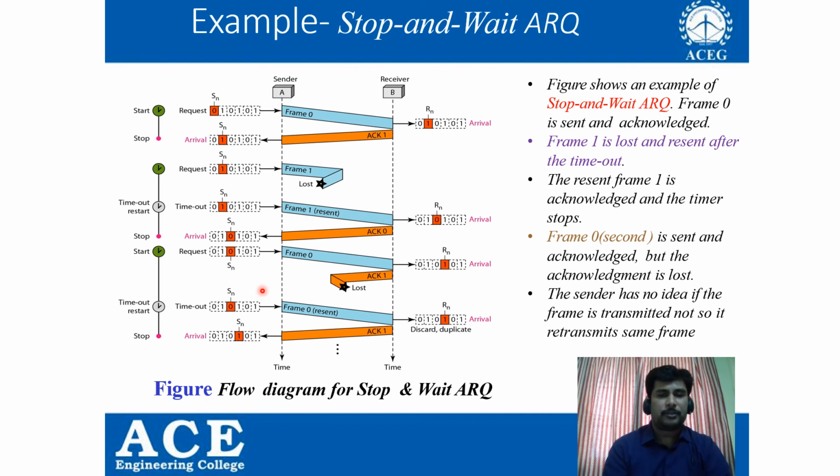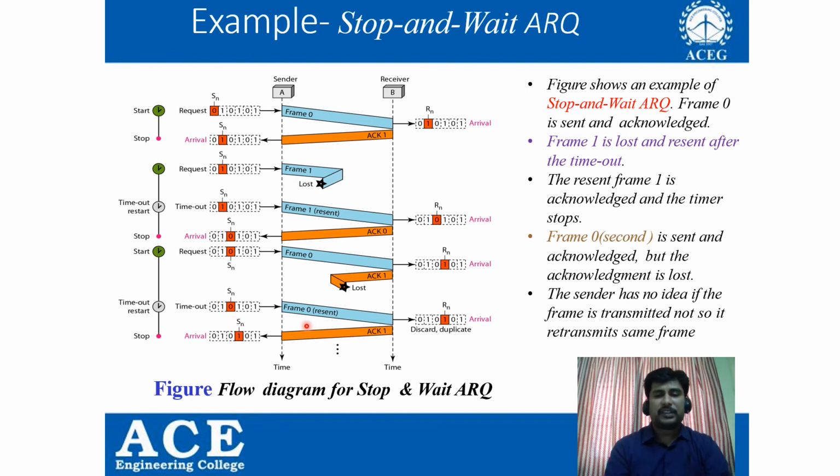But in this scenario, instead of the frame, the acknowledgement frame sent by the receiver has been lost. Because of this, even after the timer expires, the sender does not receive the positive acknowledgement. The sender is not sure whether the data was lost, corrupted, or the acknowledgement was lost. Because of this dilemma about the status of frame 0, it is going to retransmit the same frame 0.